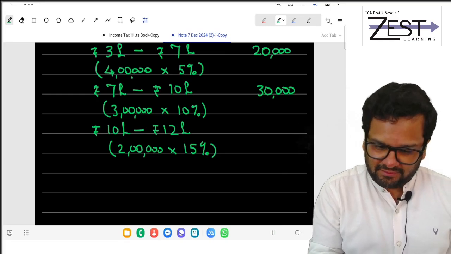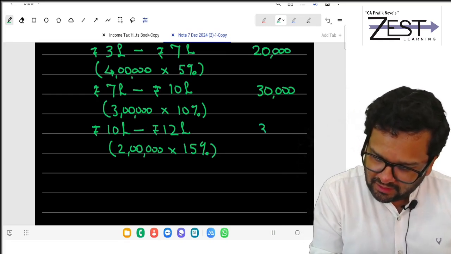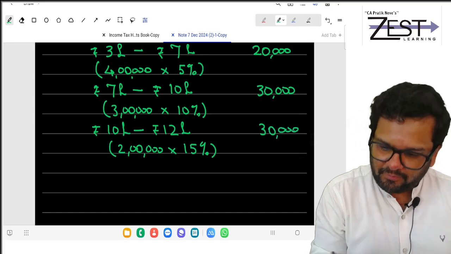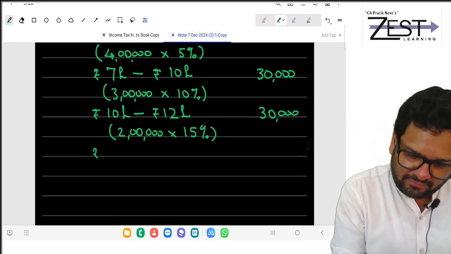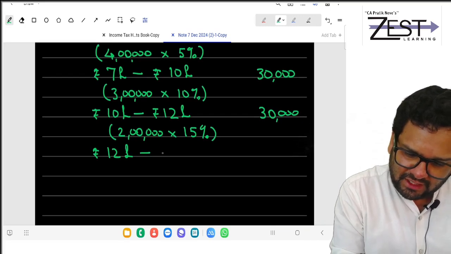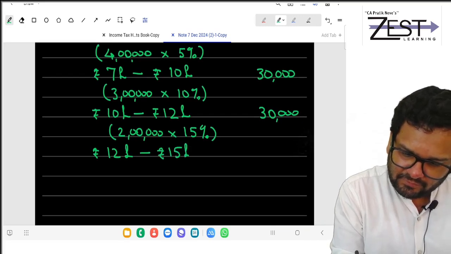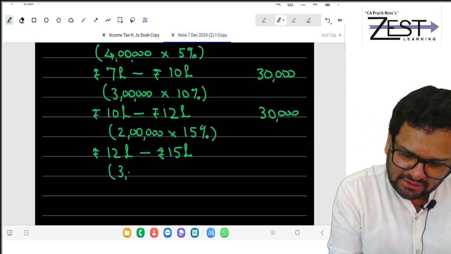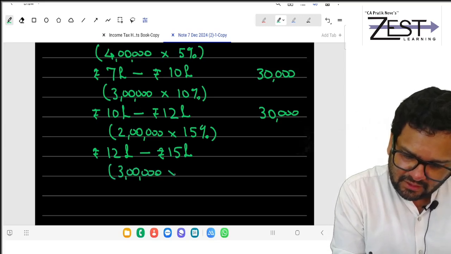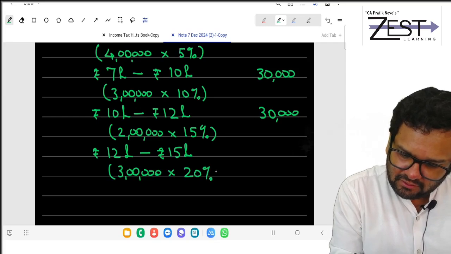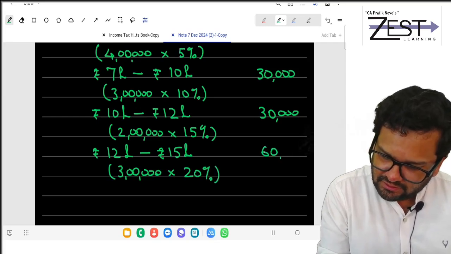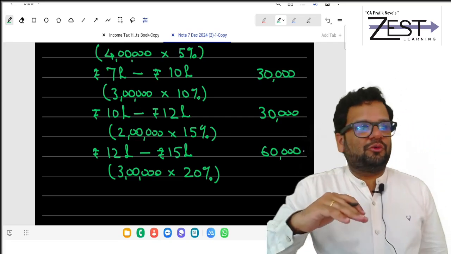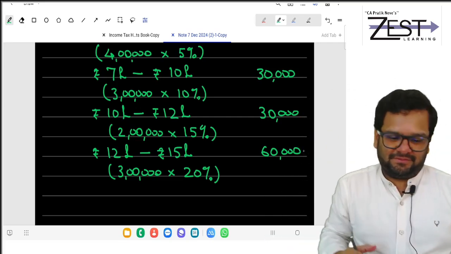How much is that? Again 30,000. Then 12 lakh to 15 lakh. In this range, you can see 3 lakh. On this 3 lakh at 20%. I hope all of you got how to operate the slabs.